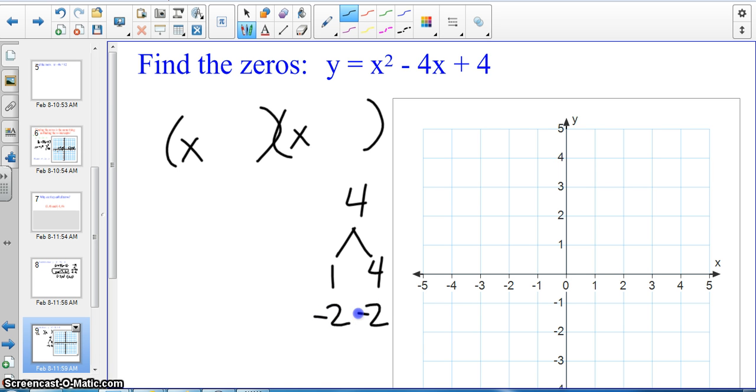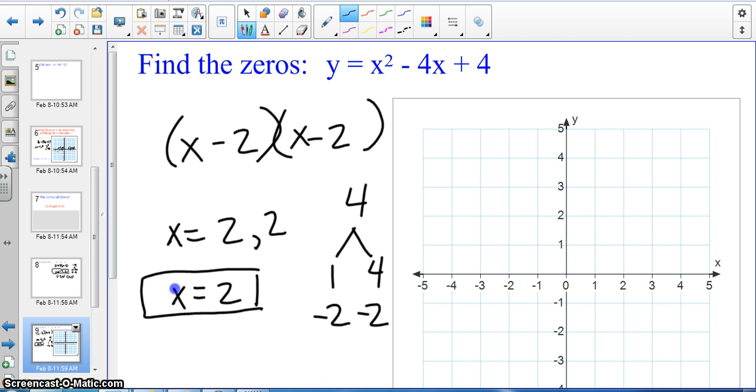Well, they both have to be negative to multiply to a positive and add to a negative. So our zeros here would be x equals 2 and 2. Really, it's just one of them. So they would cross right here. Our ordered pair for that would be 2, 0.